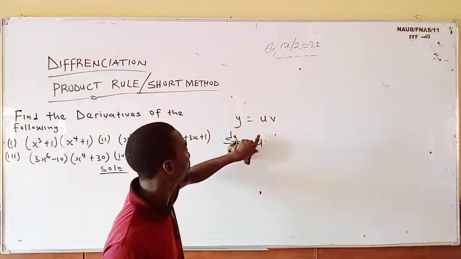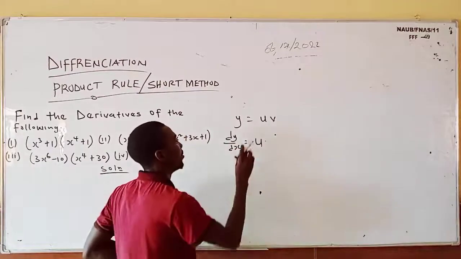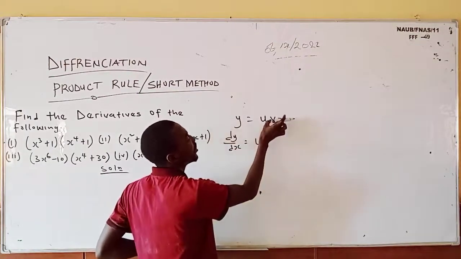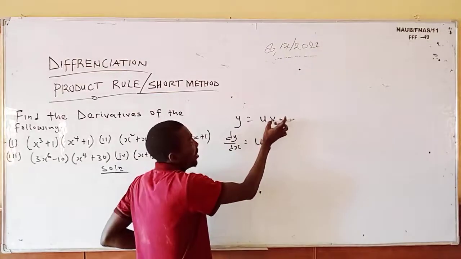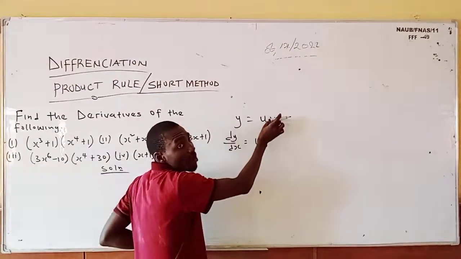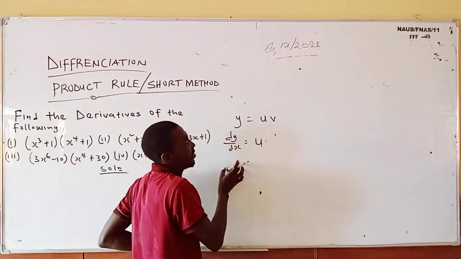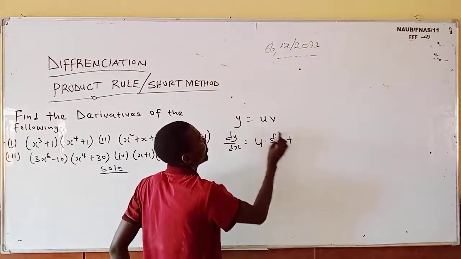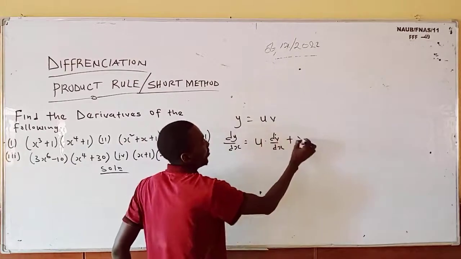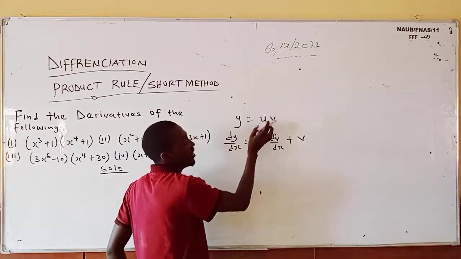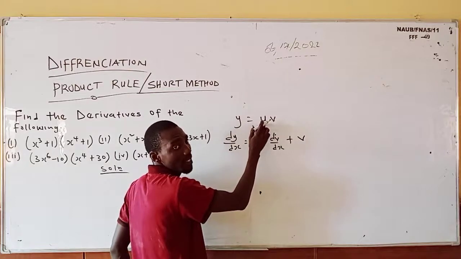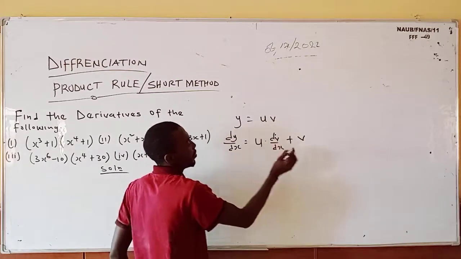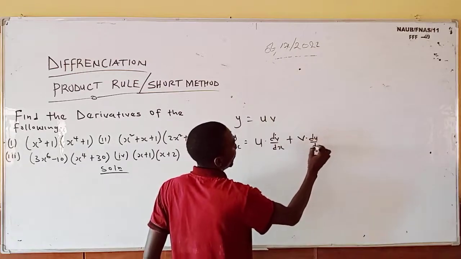Write u, use it to multiply the differentiation of the next alphabet, which is v, in respect to x. So now this one is u dv/dx, plus pick the second alphabet, v, then differentiate the alphabet that is close to it, in respect to x. So v du/dx.